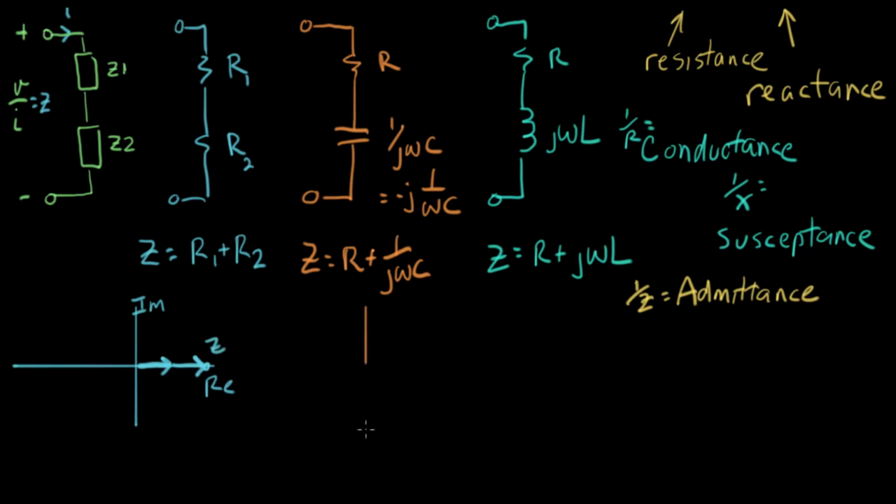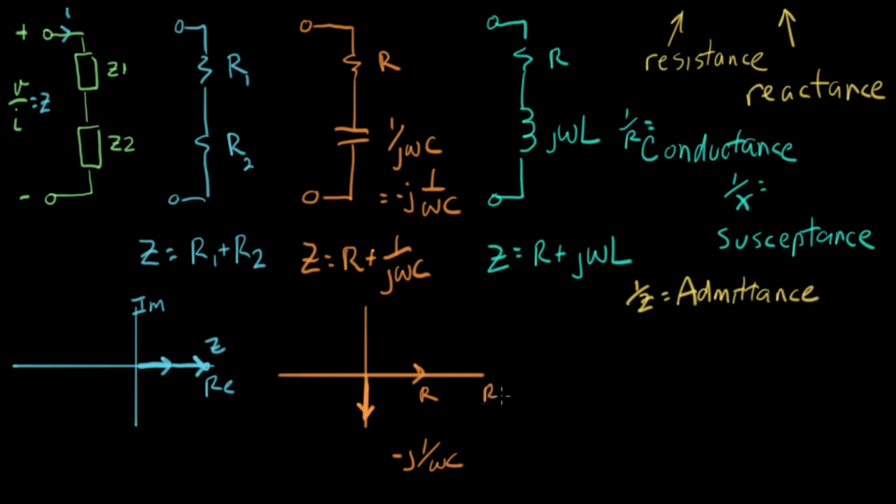If I do it for capacitance, an RC circuit, the one resistor is out here like this. That's a value of R. And C, how do we plot C? Well, remember, 1 over j omega C is the same as negative j times 1 over omega C. So that's going to give us a line on the negative j axis.